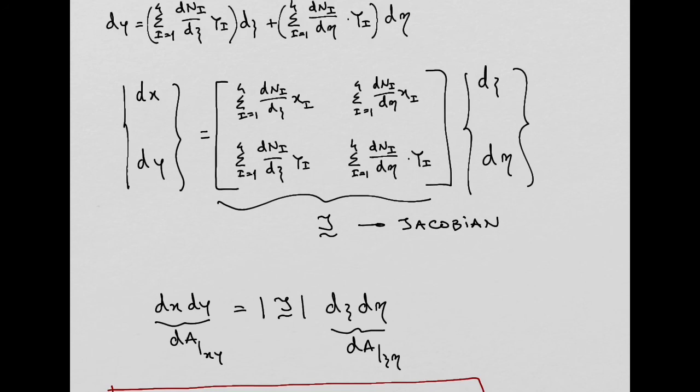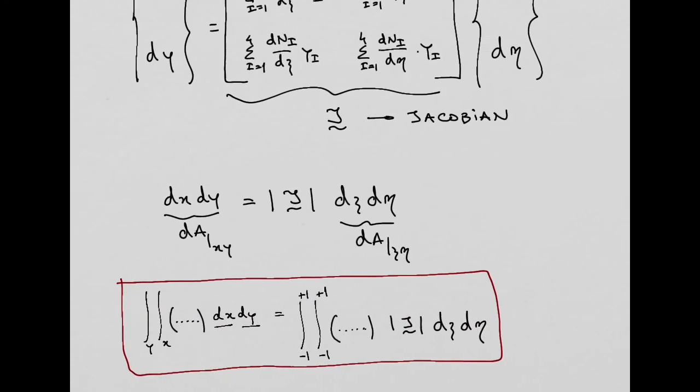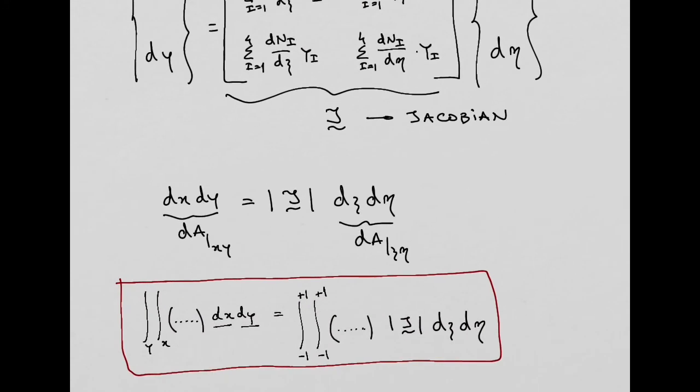The determinant is this times this minus this times this. Quite easy to do in a computer. 1 or 2 lines of code, you can do this. And then by doing this, you get immediately the determinant of Jacobian, and then you transform the integral in physical domain into an integral in the natural domain.